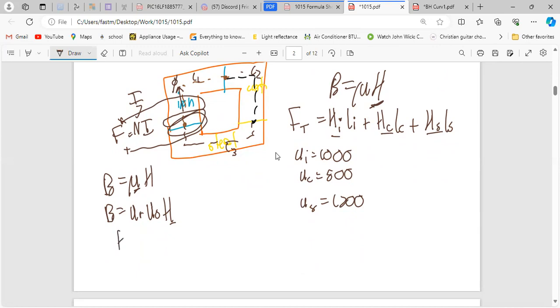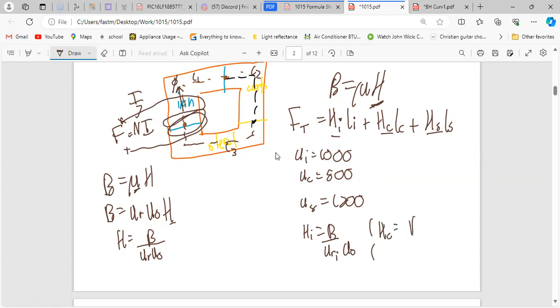If I transpose this for H, it is just B over mu R times mu 0. That is it. So now when you do any calculation, you have Hi as B over mu R for the iron, the relative permeability for the iron, times mu 0.